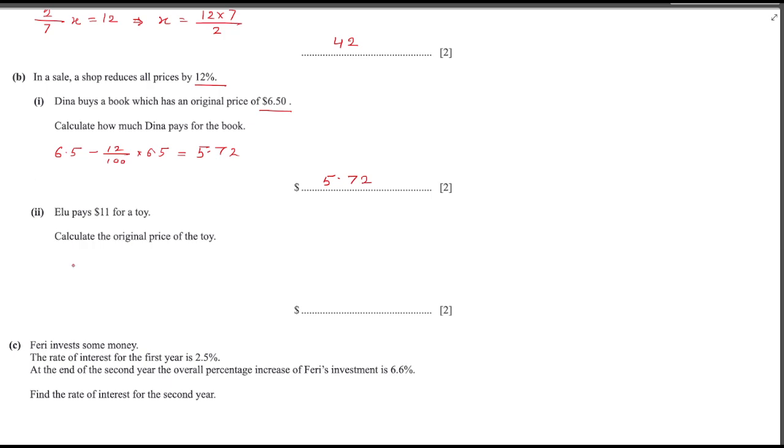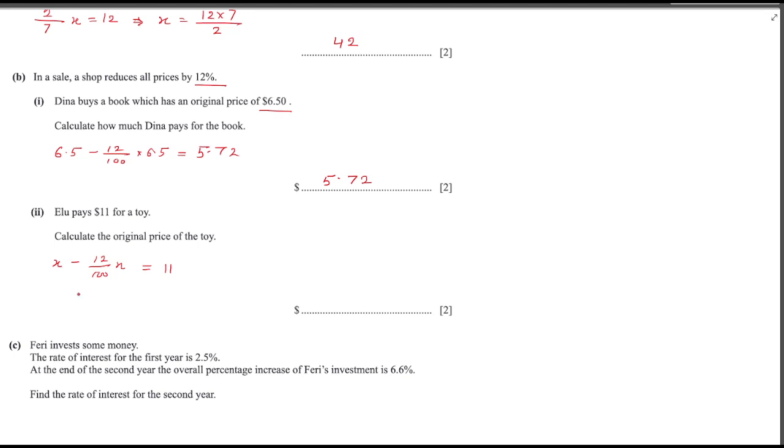Now I don't know the cost price, so I can assume the cost price to be x. So x minus 12% of x will give you 11. So this is 100 minus 12, which is 88.